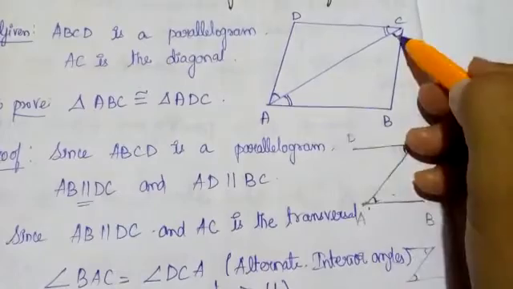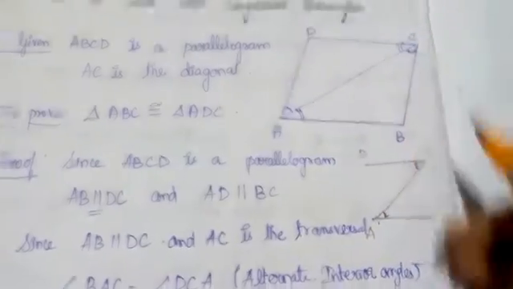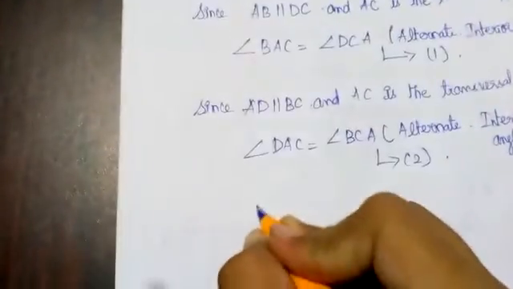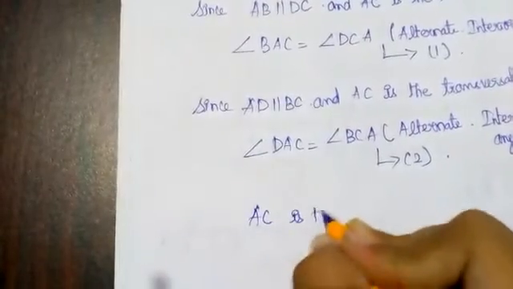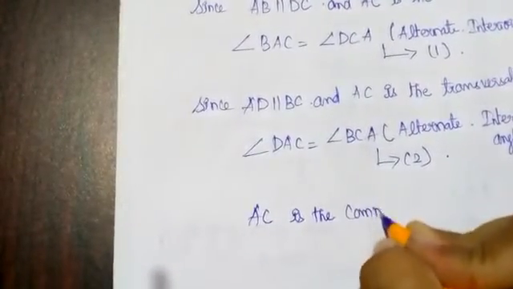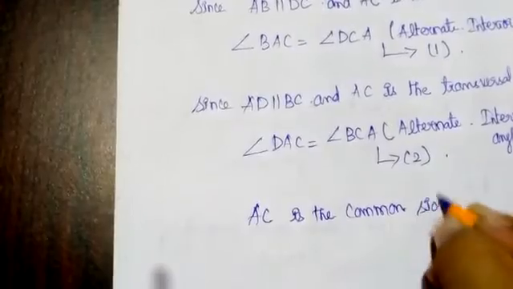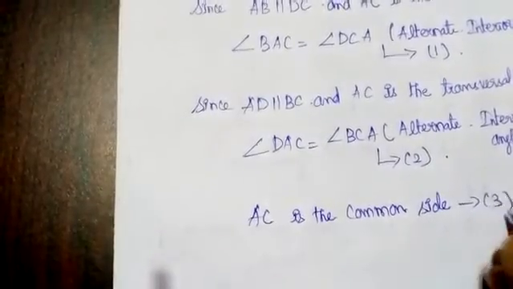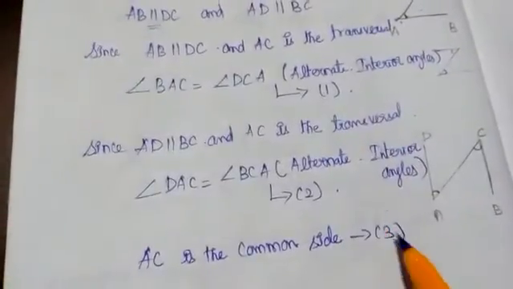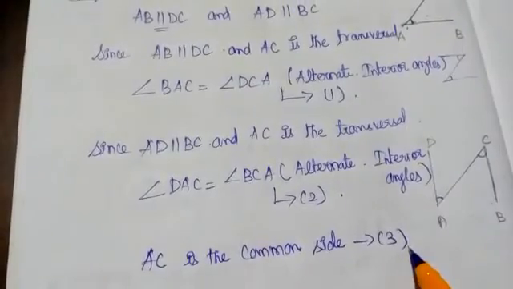Next, AC is the common side. So you can write it, AC is the common side. So this is equation 3. So two angles and one side are equal.